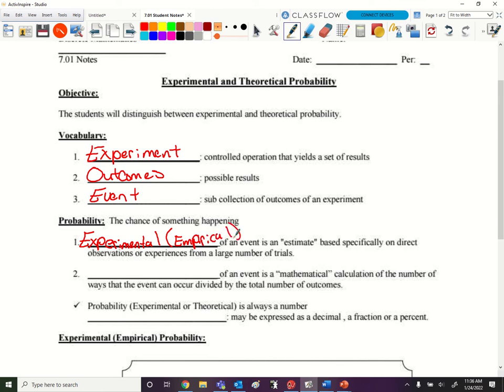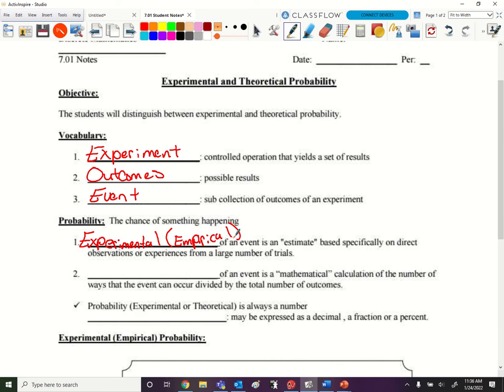The empirical probability or experimental probability of an event is an estimate based specifically on direct observation or experiences from a large number of trials.